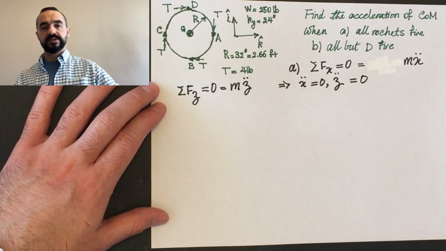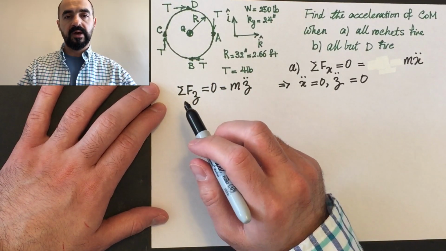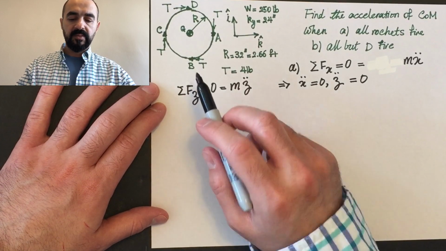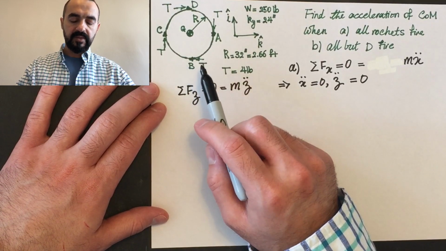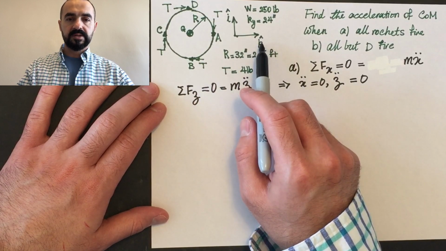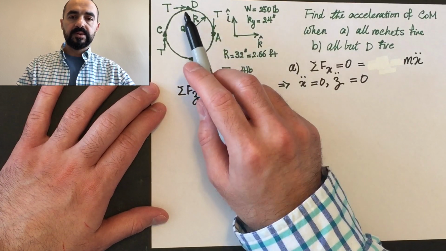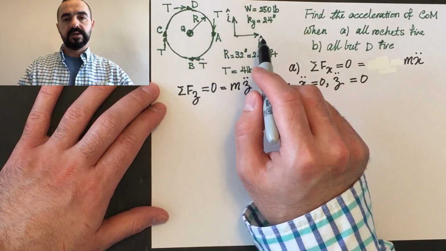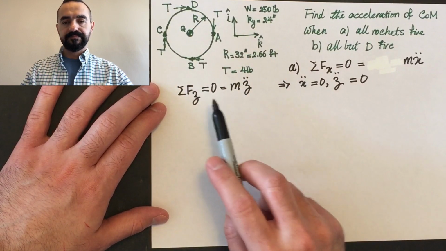So the sum of forces is going to be 0 along x direction. Same thing along z direction. The sum of this force, which points in negative z direction, plus this force, which points in positive z direction, is going to be equal to 0.